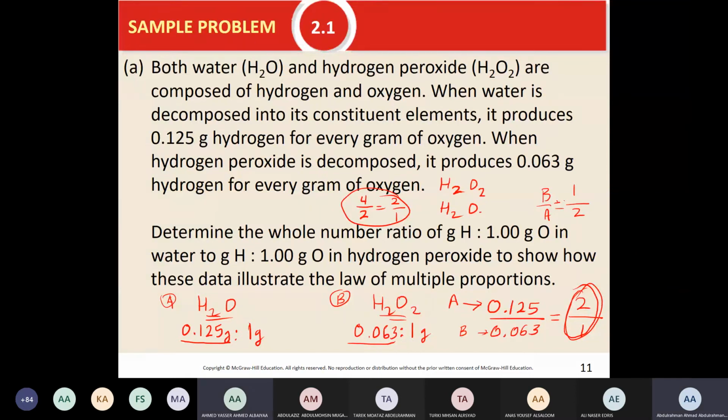I should multiply 2 this way. This will be 4. Is this clear? Now it's 4 to 2 or 2 to 4, the same thing. 2 to 4, 1 to 2. Okay, I hope this is clear.